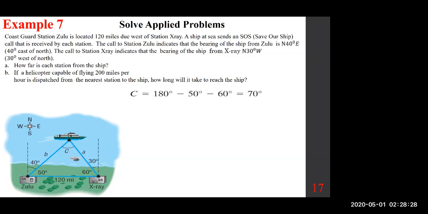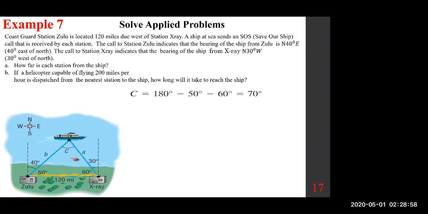Now class, if we have all the angles and we have one side, 120 miles, so we have this side to be 120 miles, which means what? We can find the missing sides. It's a very easy calculation using the sine law.